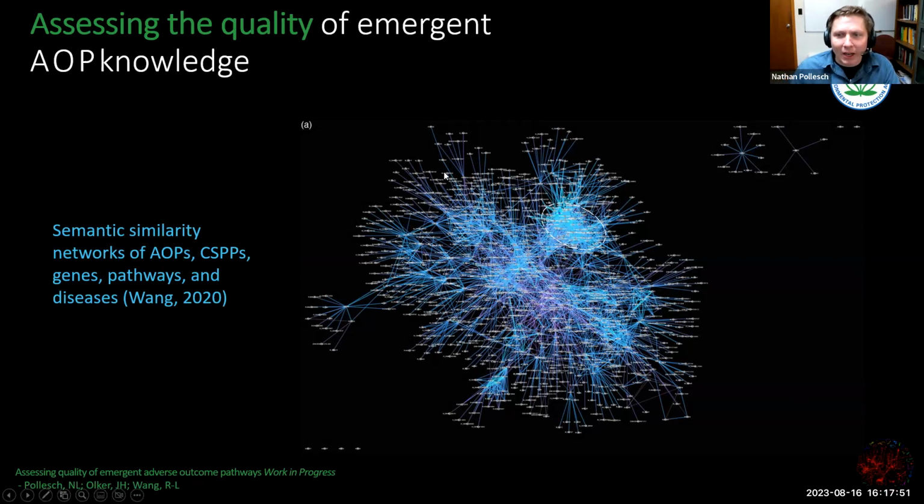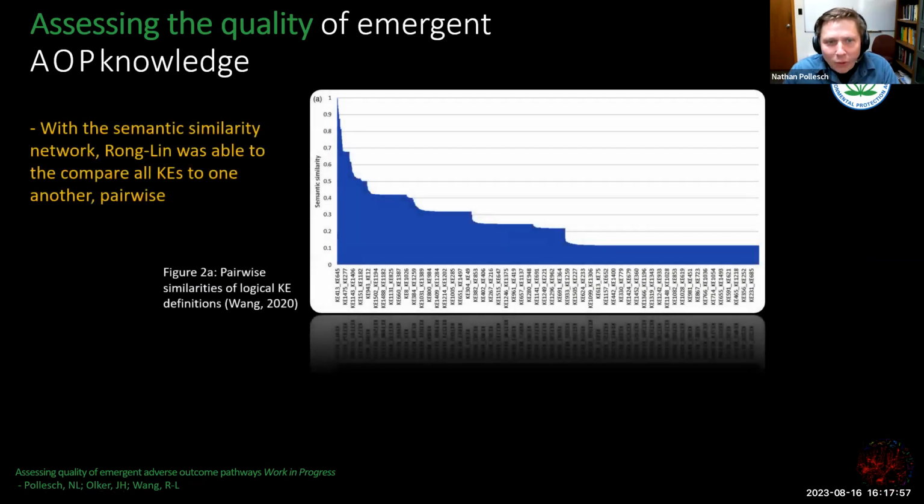So this was all the information that got created in order to do this semantic analysis. And again, I would refer you to Ronling to talk about that. But one of the things I can talk about here is what that enabled us to do. From the semantic similarity network, Ronling went in and calculated pairwise semantic similarity scores.